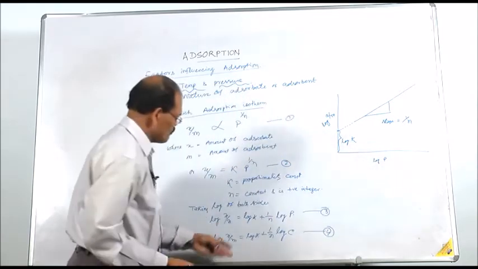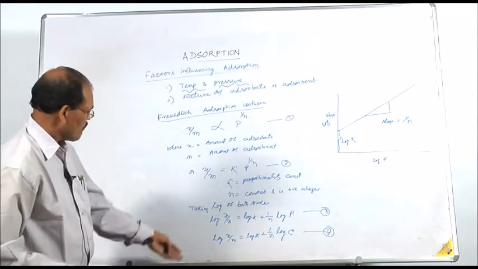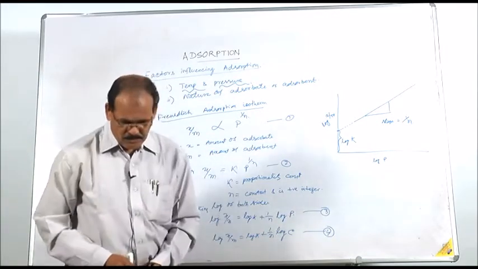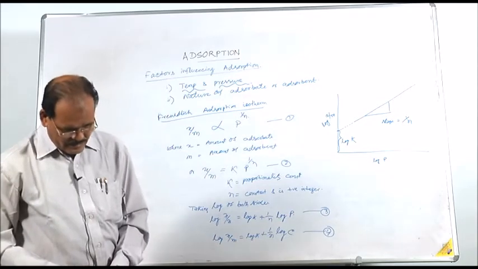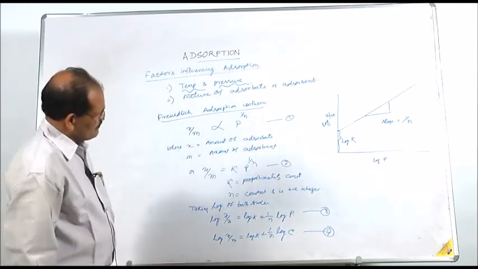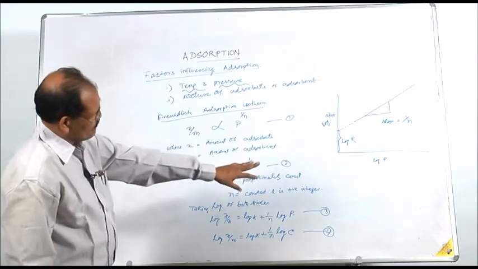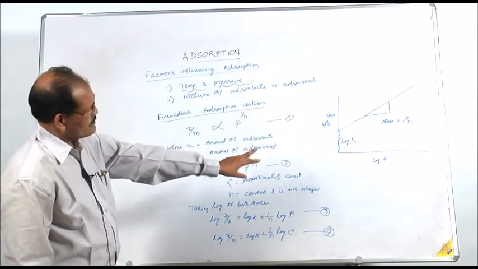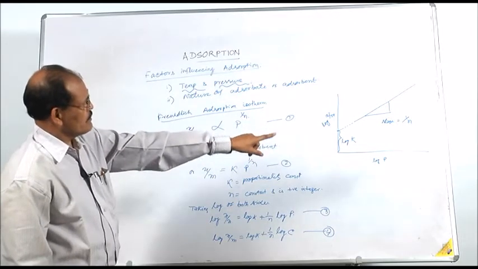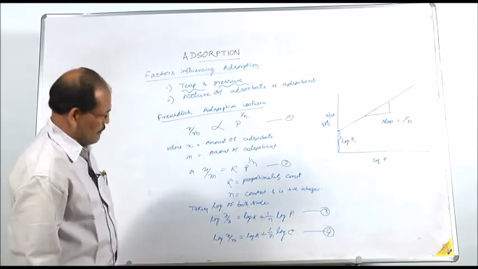So, sometimes we can also apply the equation in place of the pressure. This is the experimental observation, that means the plot will give the value of the proportionality constant and the value of the slope, from which you can calculate the value of n.